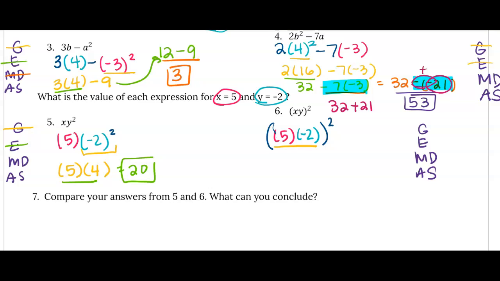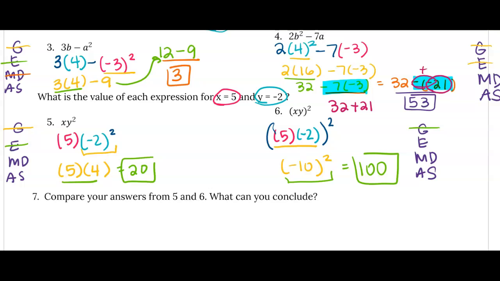So I'm going to start with my 5 times -2 and get -10 squared. Then I see that I'm done with my grouping symbols, but I have an exponent of -10 squared. So -10 squared would be -10 times -10, which is +100. And then I am done.